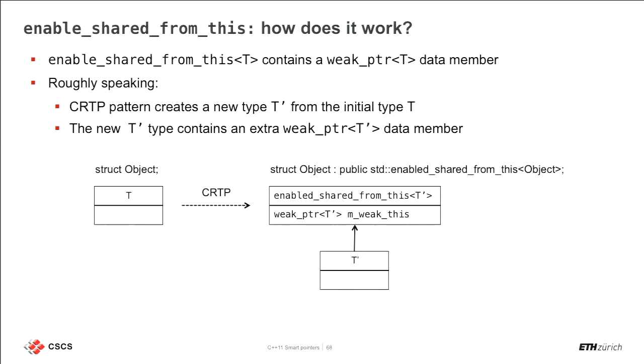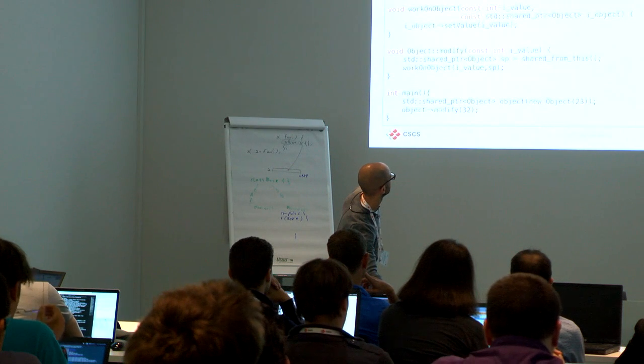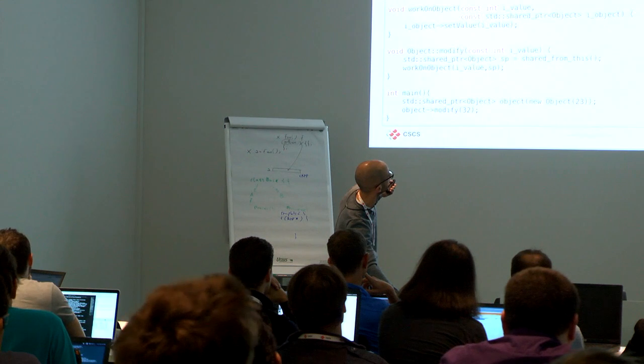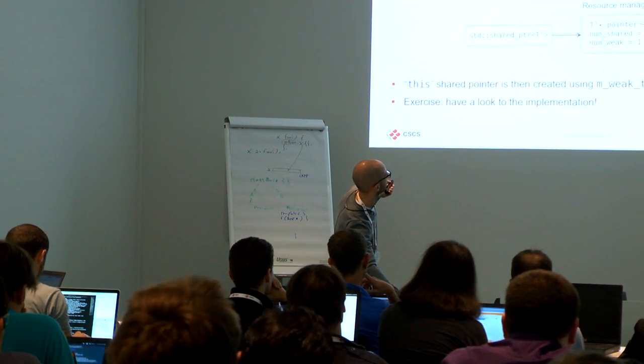So that when you create a shared pointer to your object after the introduction of this inheritance, basically you're creating a shared pointer to your new kind of object, which also contains the weak pointer of this class, of course.